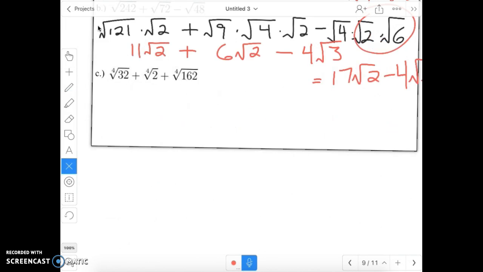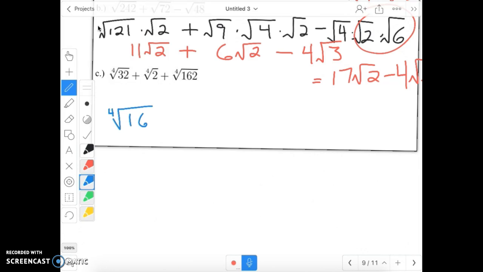Okay, and then dealing with this next one, we have the fourth root of 32 plus the fourth root of 2 plus the fourth root of 162. So for this first part, if I were to break that down, divide by 2, I would have the fourth root of 16 times the fourth root of 2 plus the fourth root of 2 plus that 162.